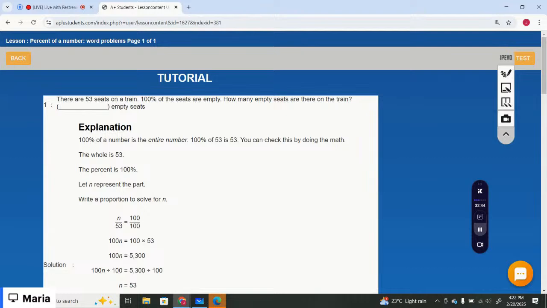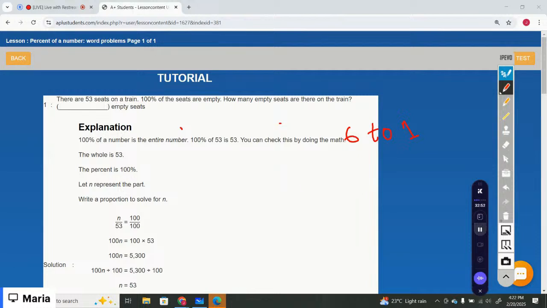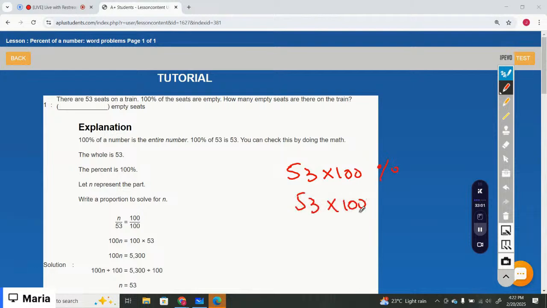You need to calculate the empty seats on the train. So you have to calculate 100% of 53. You have to do 53 times 100%. That means 100 over 100. 100 divided by 100 is 1. So you have 53. That means all of the seats are empty.